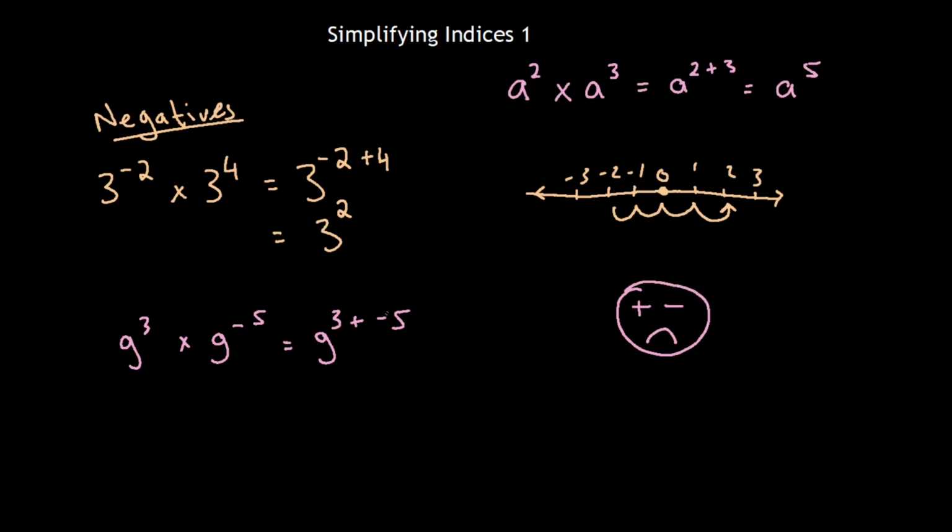So this will be a negative here, so that would be G, 3 take away 5, and then using your number line, we are at 3 and we're going to take away 5, and then 1, 2, 3, 4, 5. Right, we happen to land on negative 2 again. So now the answer is G to the power of negative 2.